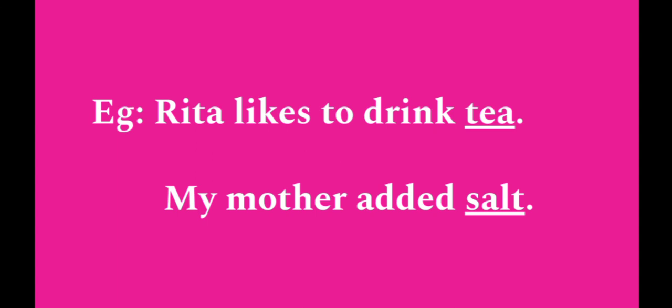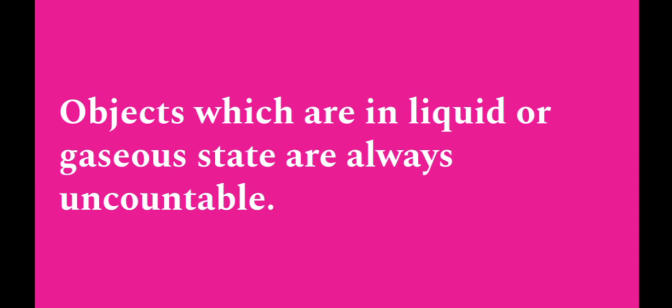Let's look at more examples. Rita likes to drink tea. Tea is an uncountable noun. My mother added salt. Salt is an uncountable noun. And there is one more thing you have to keep in mind. Objects which are in liquid or gaseous state are always uncountable.